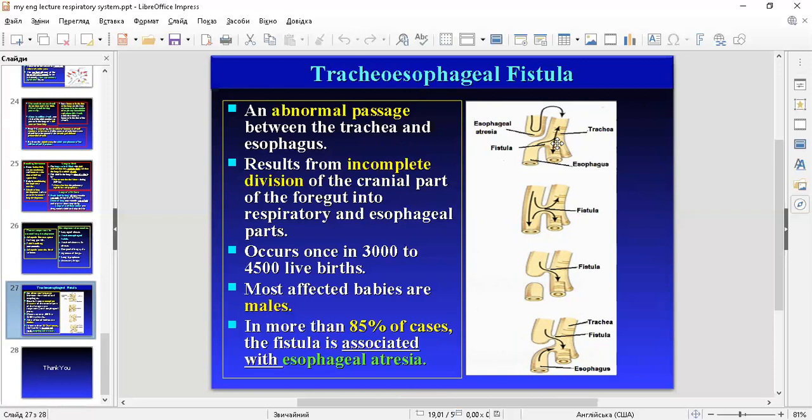The condition occurs in 1 in 3,000 to 4,500 live births. Most affected babies are males.